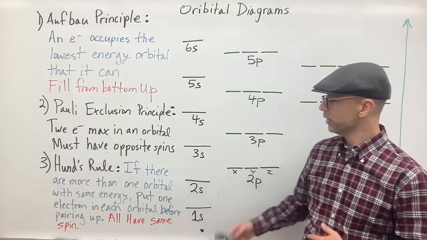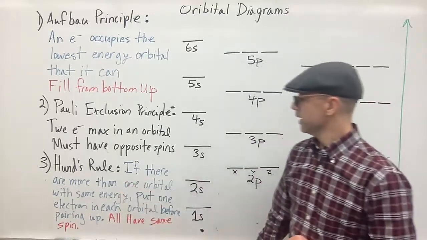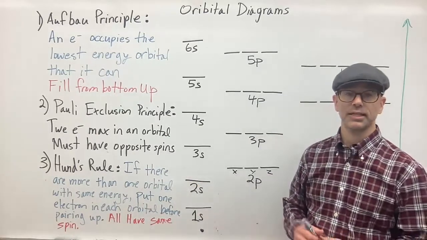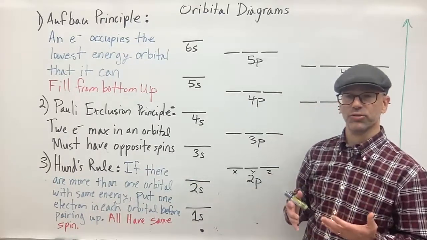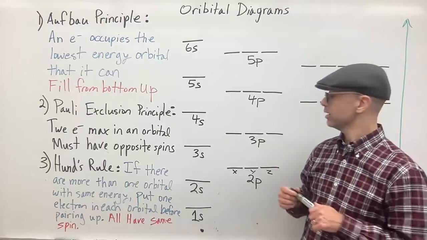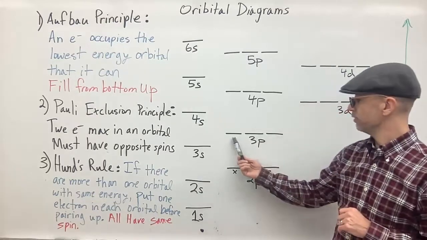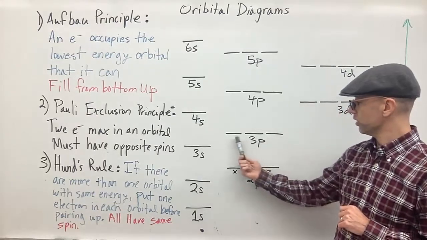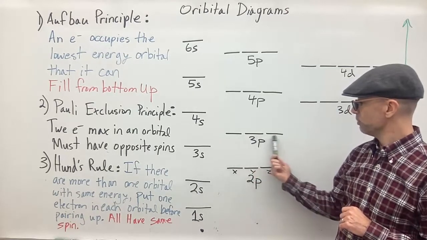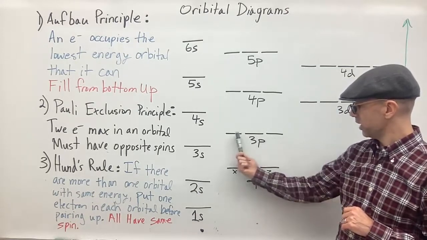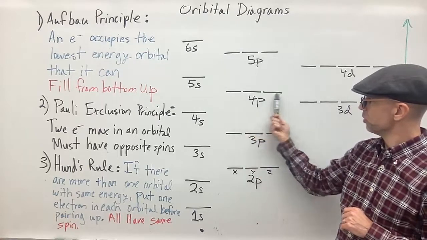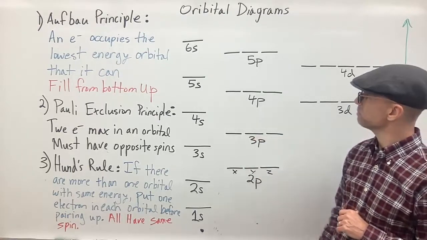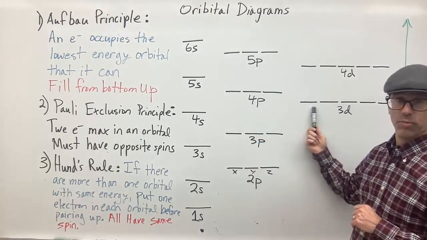And then third we have Hund's rule. Hund's rule basically says that if you have orbitals that are of the same energy level, like for example, here we have 3p orbitals, and these 3p orbitals all have the same energy. You could see the d orbitals here.